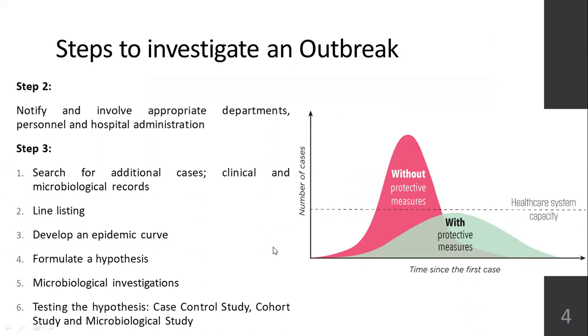So what was the reason the case group has a disease, and what is the reason the control group does not have a disease? What is the difference in these two groups? So when you do that kind of research, it's a case control study. Cohort study, you have one group of people, you follow them over a period of time.